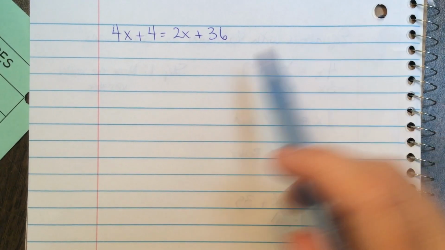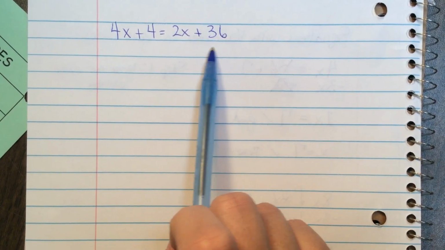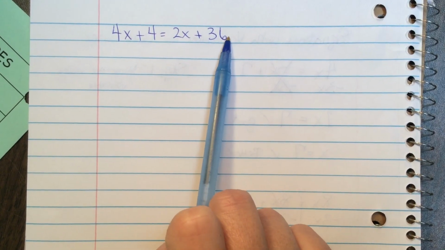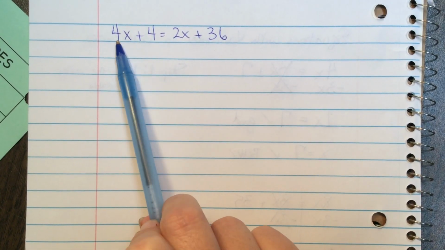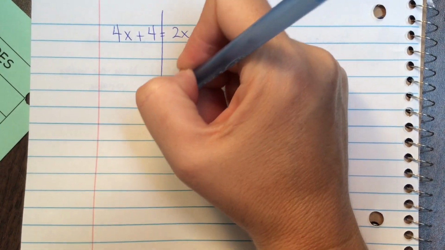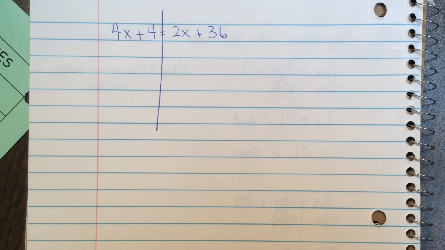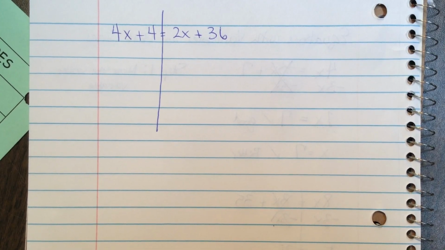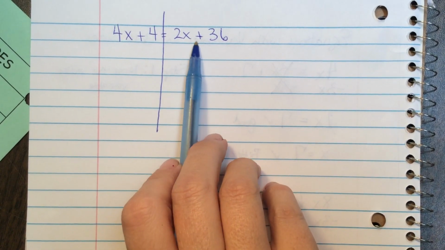Okay, so this one's a little bit more complicated. It's got a number and a number and a variable and a variable. So I'm going to draw my line down the middle, but we're still going to follow the exact same steps. We're still looking for the smaller variable, which is going to be 2x. 2x is being added.